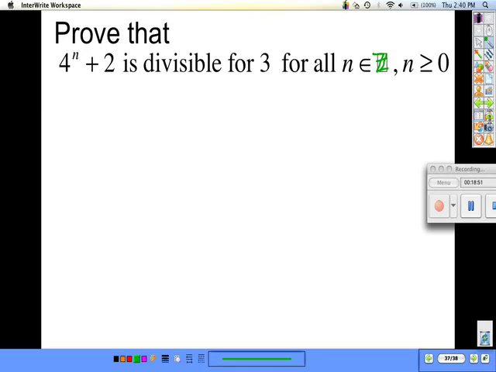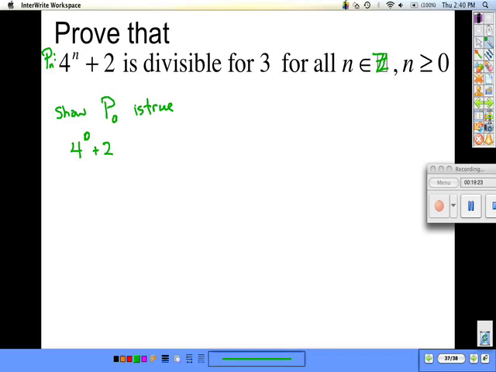So our claim is this, and we're going to show p sub 1 is true. So 4 to the first plus 2, I lied. We shouldn't be showing p sub 1. We should be showing p sub 0 in this case, because 0 is the first value that we use.